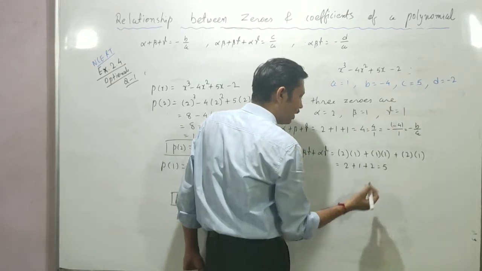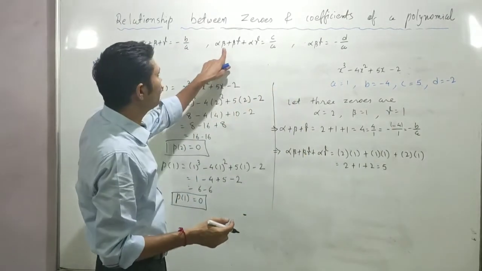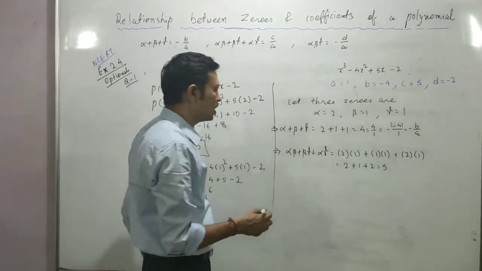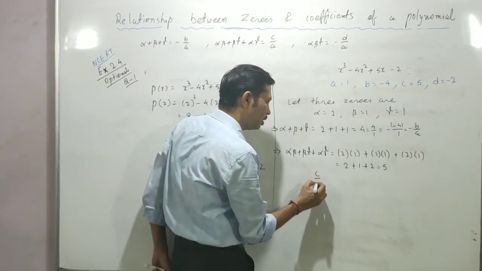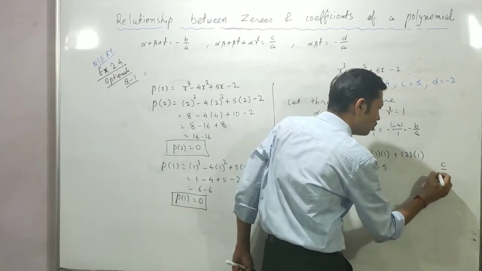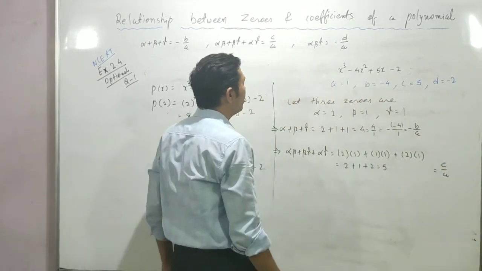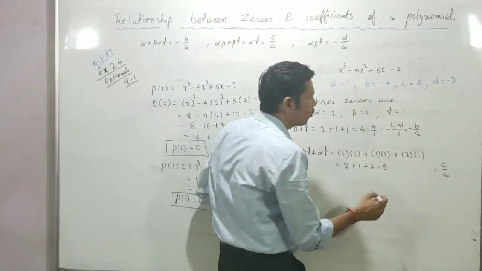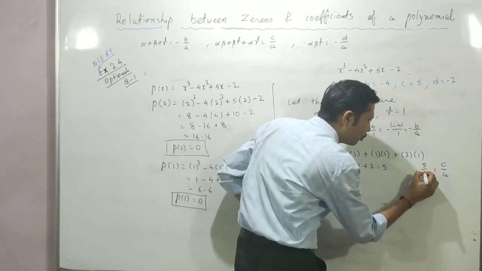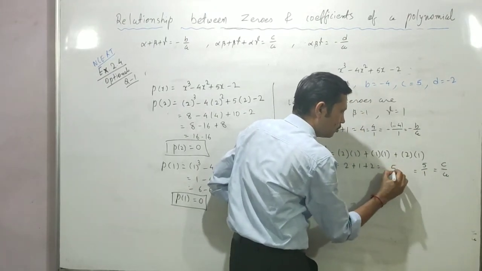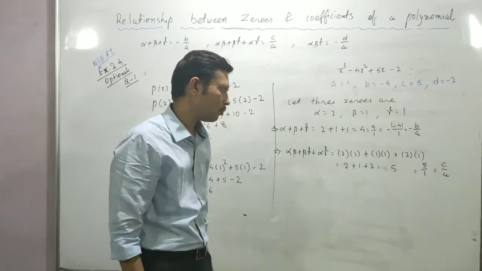The overall answer is 5. Now this should be equal to c by a. The value of c is 5 and the value of a is 1, so 5 upon 1 is 5. So they are all equal.